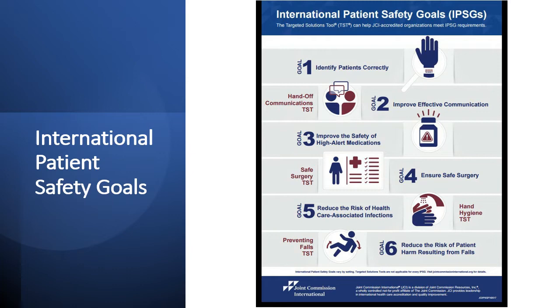So to ensure that goal number 3 will be met, we need to ensure that our computation is accurate. For the purpose of learning, I advise that you pause this slide and try to memorize and familiarize the 6 international patient safety goals as recommended by the Joint Commission International.